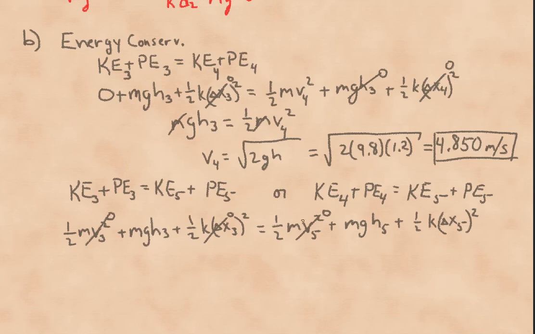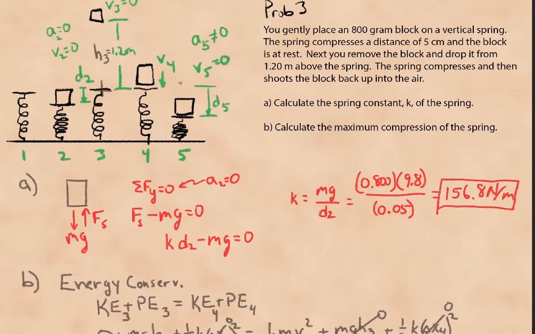Now let's take a look at the picture again. So remember that my origin is placed at the equilibrium position of the spring. And that's why in position 3, the height of the block was positive 1.2 meters.